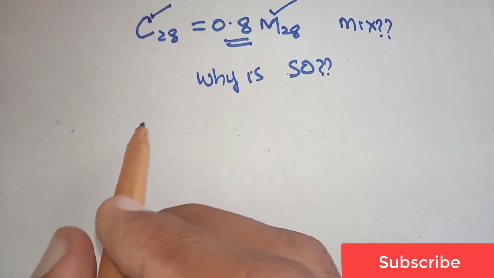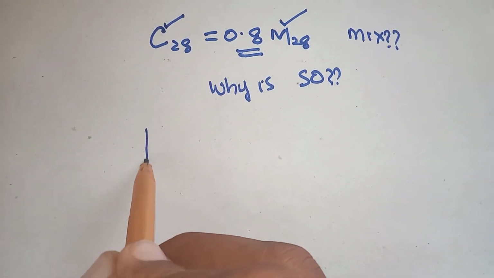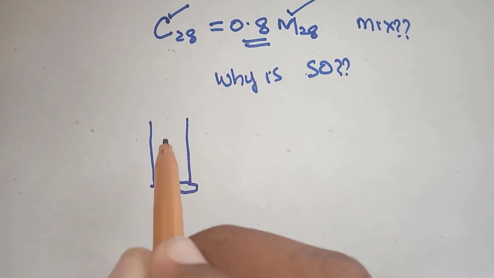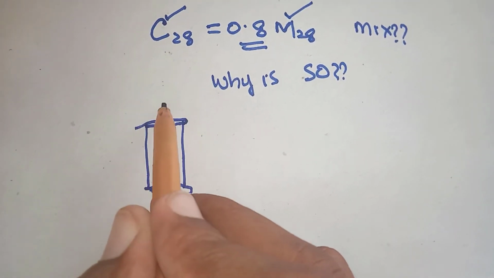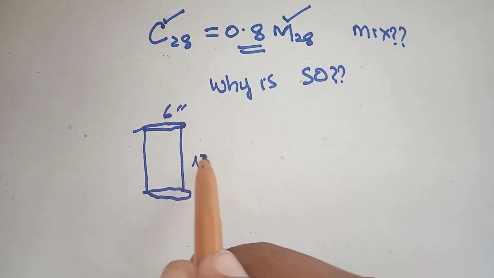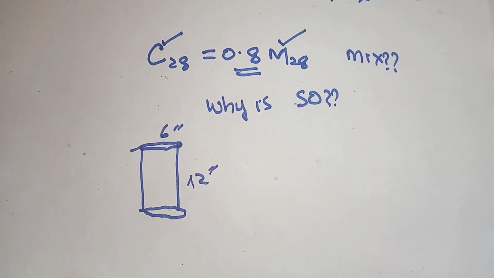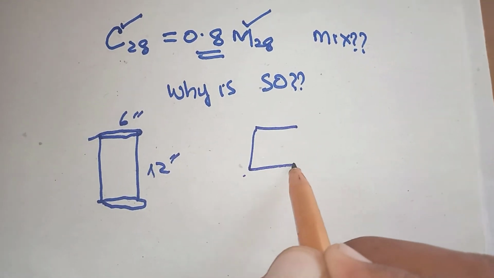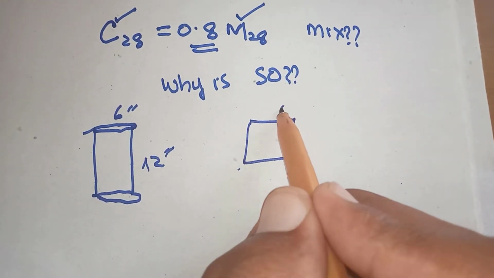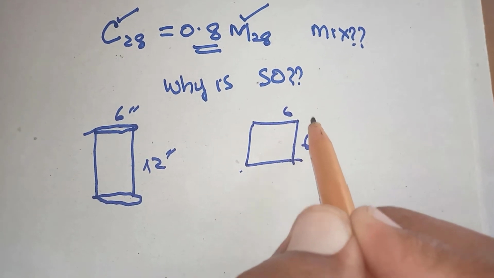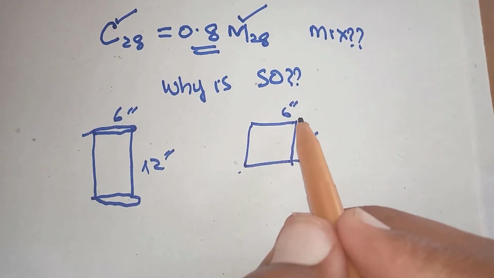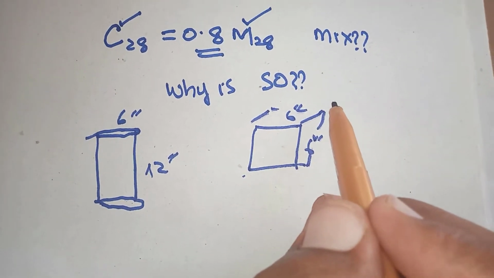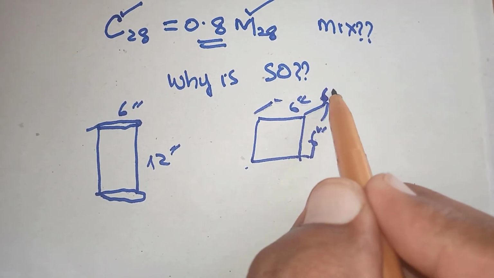The reason is, as we know, the size of the cylinder is 6 inch diameter and 12 inch height, while the cube is 6 inch in all the dimensions. The third dimension is also 6 inch.